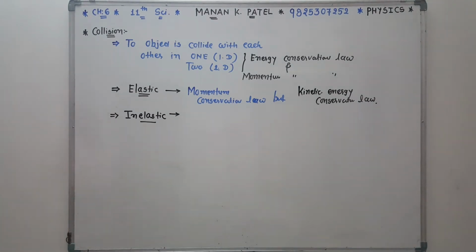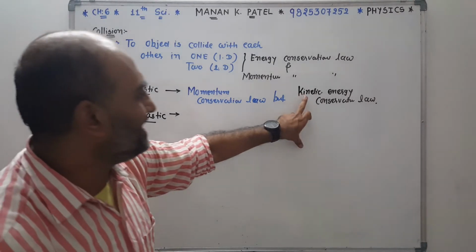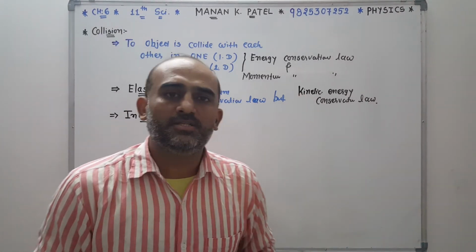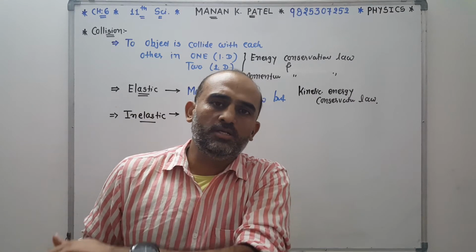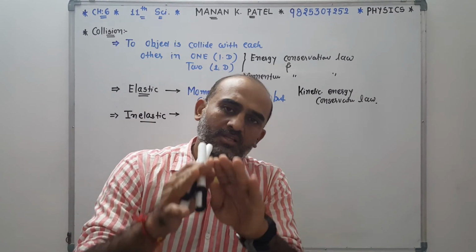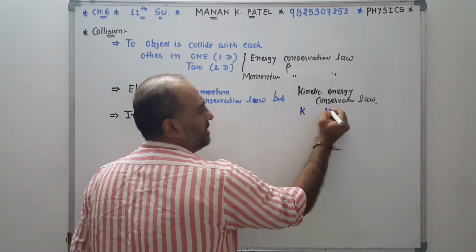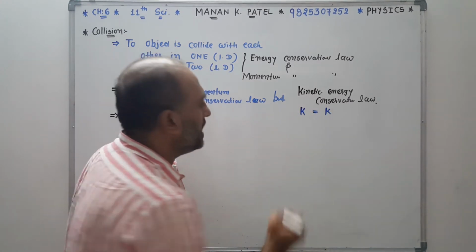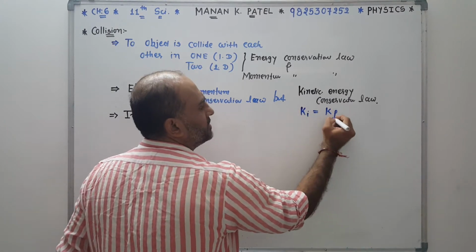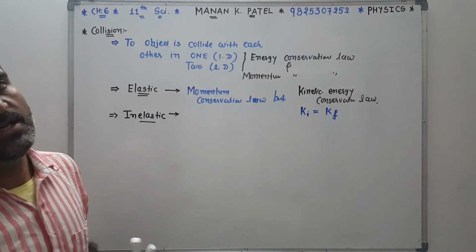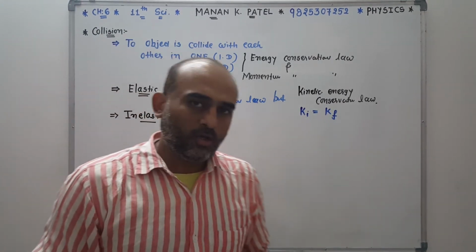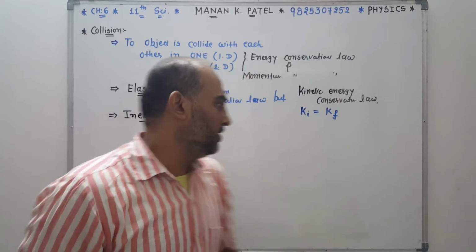So the important thing is the kinetic energy conservation law, that means before the collision and after the collision kinetic energy is equal. That is, initial kinetic energy and final kinetic energy are equal. Okay, that is the elastic collision.